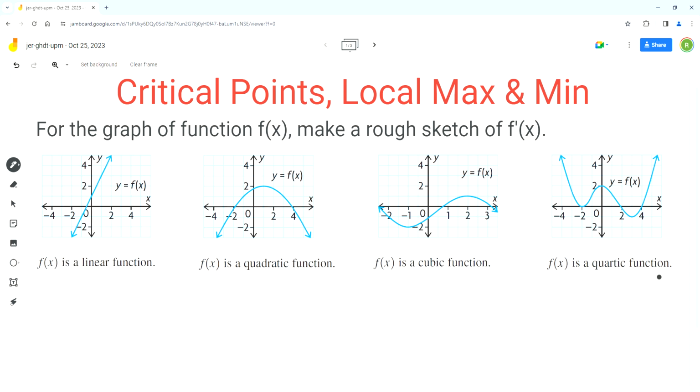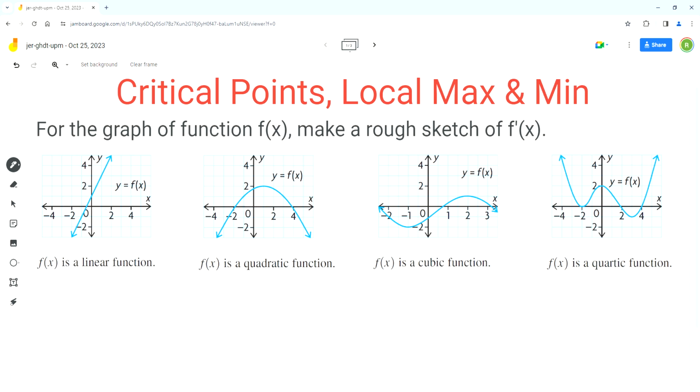Now for polynomial functions, we need to understand and memorize a property of the derivative: for a polynomial function, the derivative has a degree which is one less than the degree of the polynomial function.